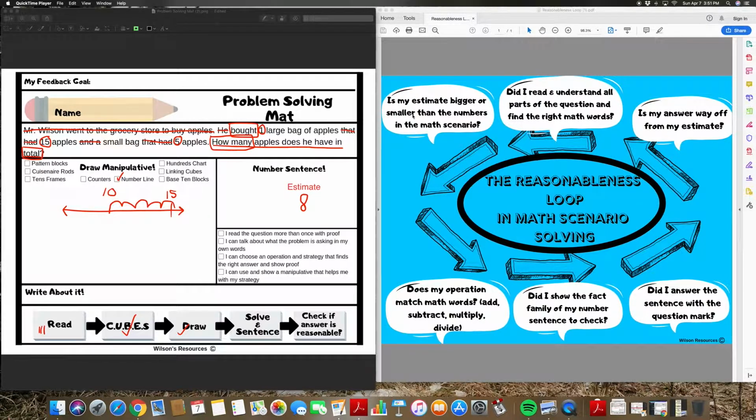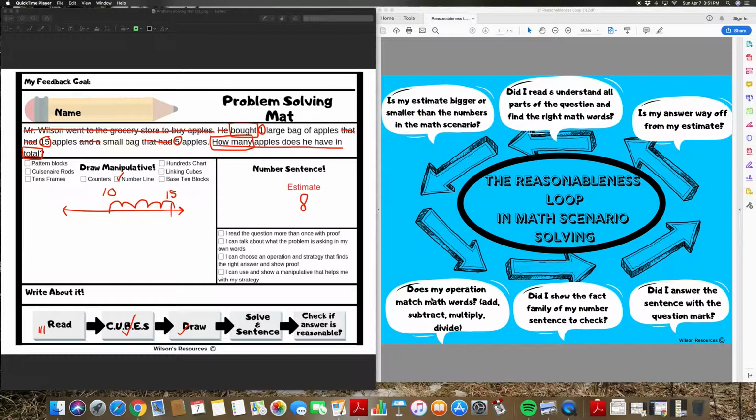Well, let's take a look. This number here, 8, is smaller than 15, and it's not smaller than 5, so at first glance it could be likely that they're subtracting, and so this number will get smaller and close to 8. So maybe that's what this person thought. Let's move on and see.